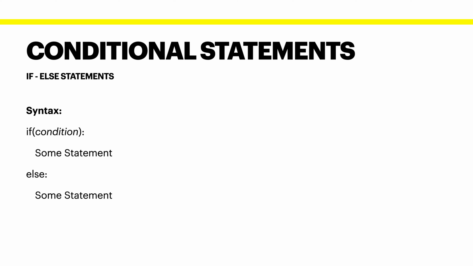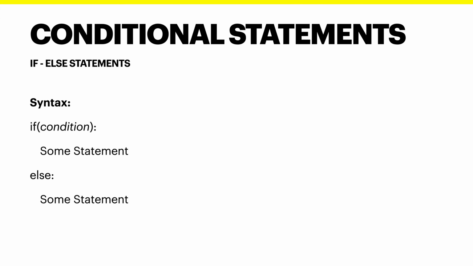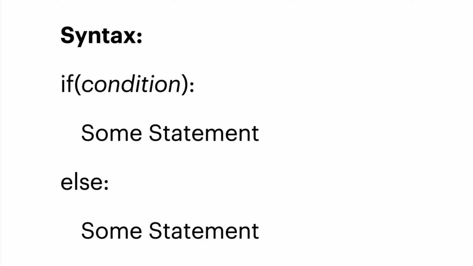You can see that I have already shown you the syntax of if else statements. This syntax is quite simple. It has two keywords, if and else. The if keyword is followed by the condition within parentheses, which is followed by a colon, and then the statement that we want to be executed in case the condition turns out to be true. In case the condition fails to be true, the statement within the else block is executed.